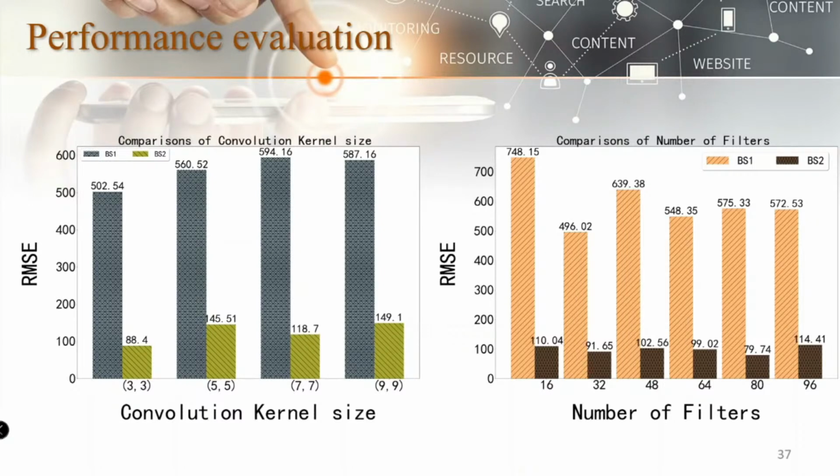But more filters or a large kernel don't mean higher accuracy of traffic prediction. On the contrary, it will increase the training time. The suitable number of filters and kernel size in this research are 32 and 3 times 3.